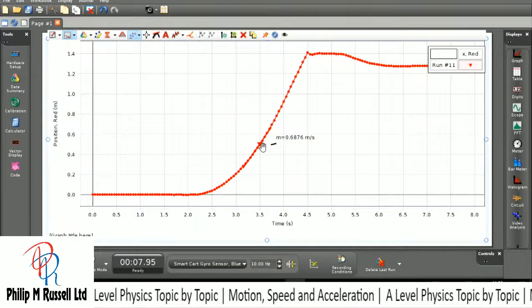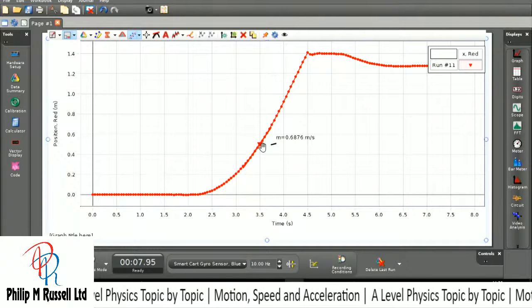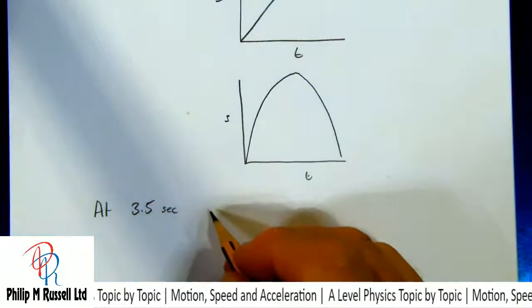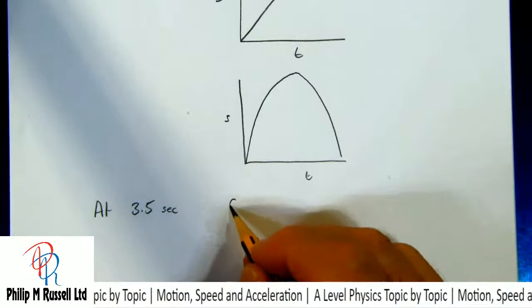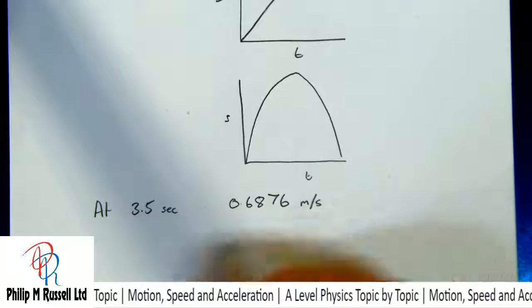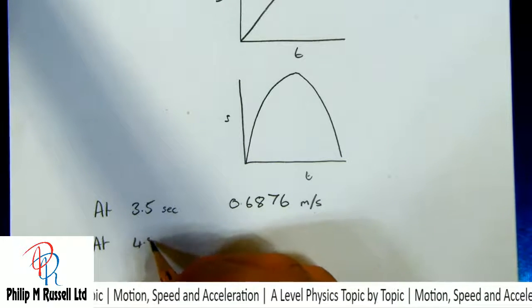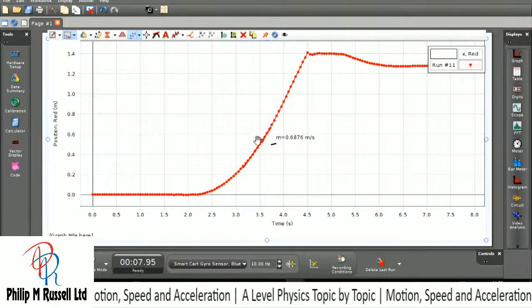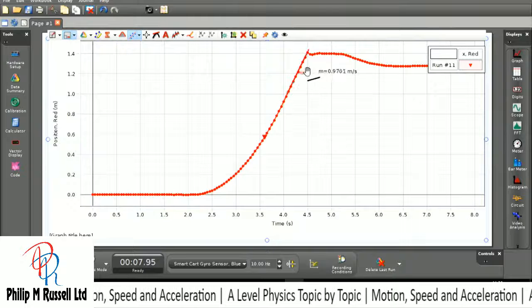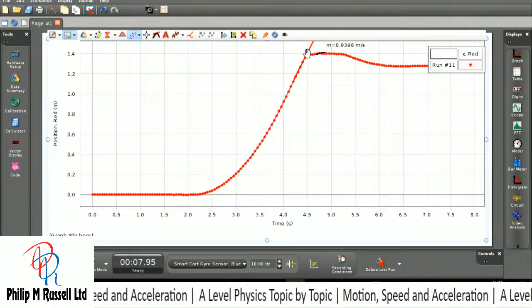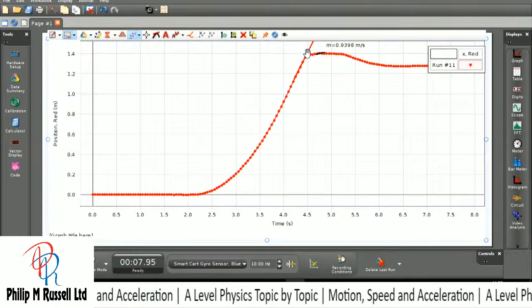At 3.5 seconds we've got 0.6876 meters per second. At 4.5 seconds, I can move this line up here and see that at 4.5 seconds, that didn't help, I moved it, it's 0.9398.